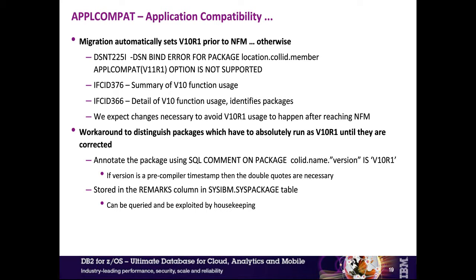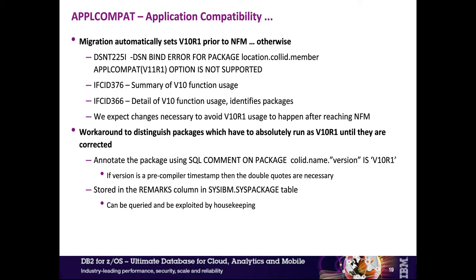There are two IFC ID records that you can use to identify programs that need to be investigated and possibly fixed up. The first of these records is IFC ID 366. This is the first trace record we produced, which will give you detail on version 10 function usage, which is incompatible, and it will identify the packages.